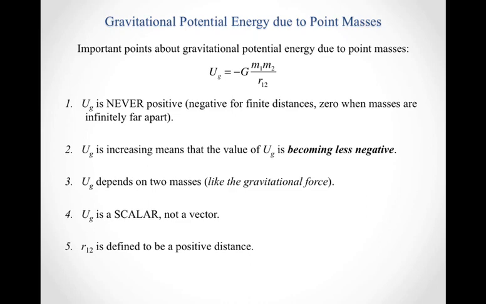So don't make the mistake of trying to plug this in as a component where it could be negative depending on some choice you might make in coordinate system. This is defined to be a positive distance. And then 6, the gravitational potential energy goes like 1 over r, not 1 over r squared. Gravitational force was 1 over r squared. Gravitational potential energy, 1 over r.